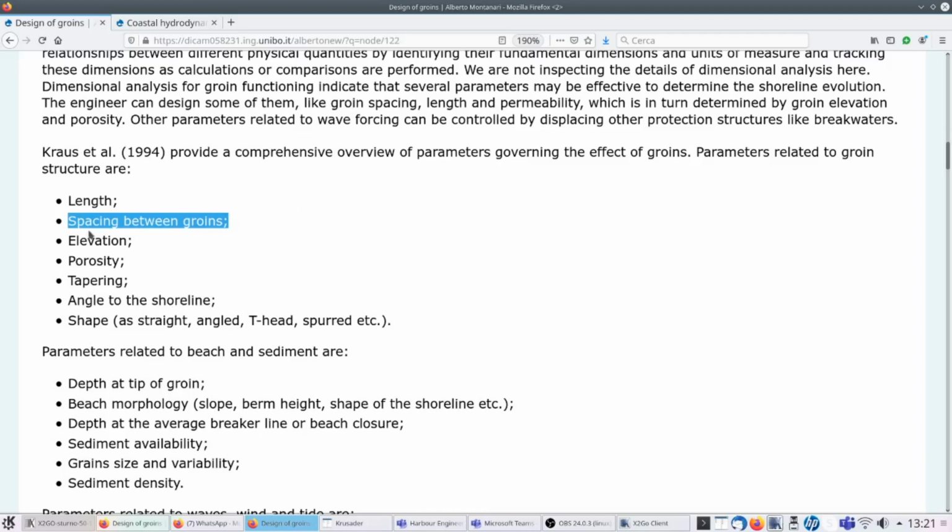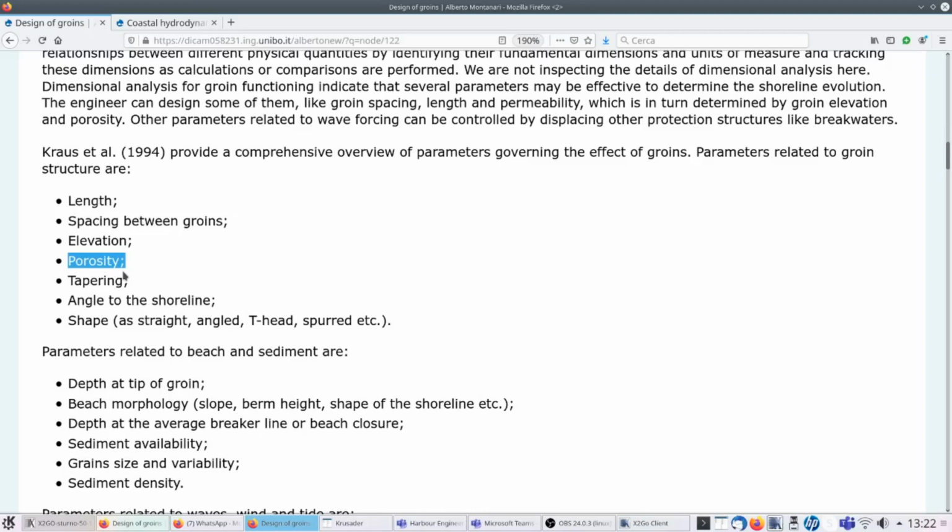Elevation, we already talked about it because it determines the effectiveness with respect to what kind of waves we are considering. Porosity is different from permeability. Permeability, of course, is how I defined it before.